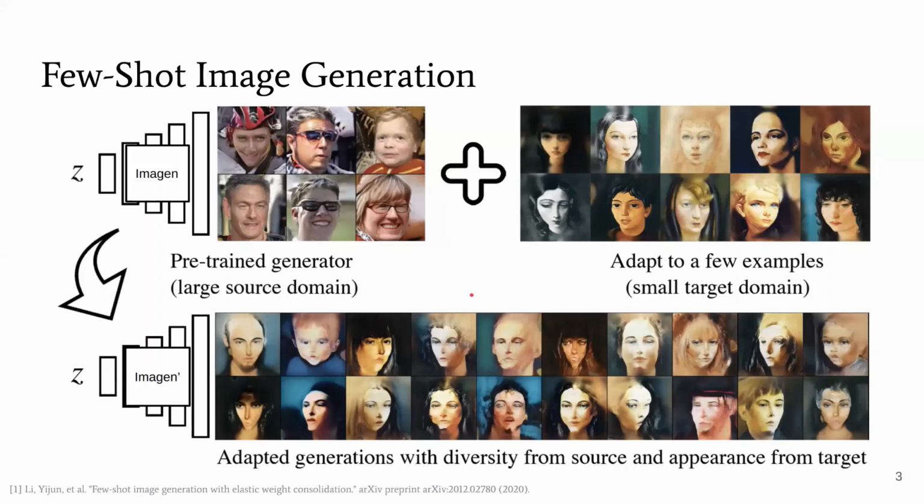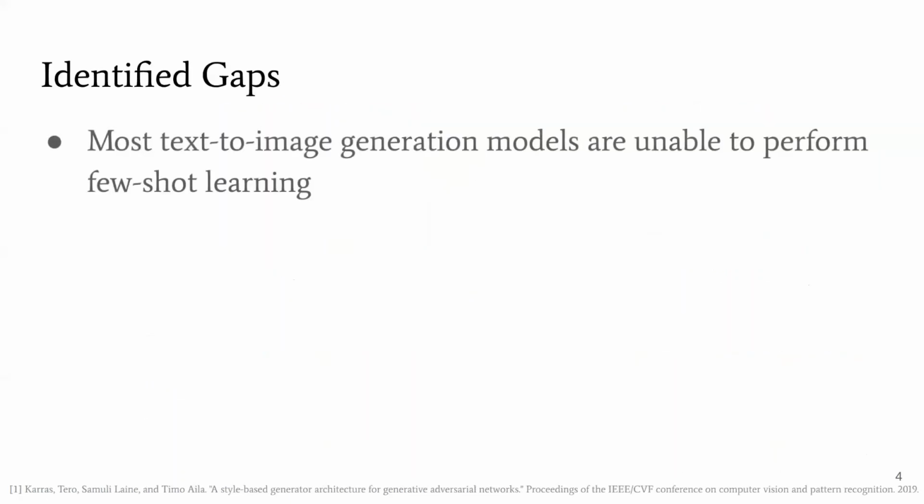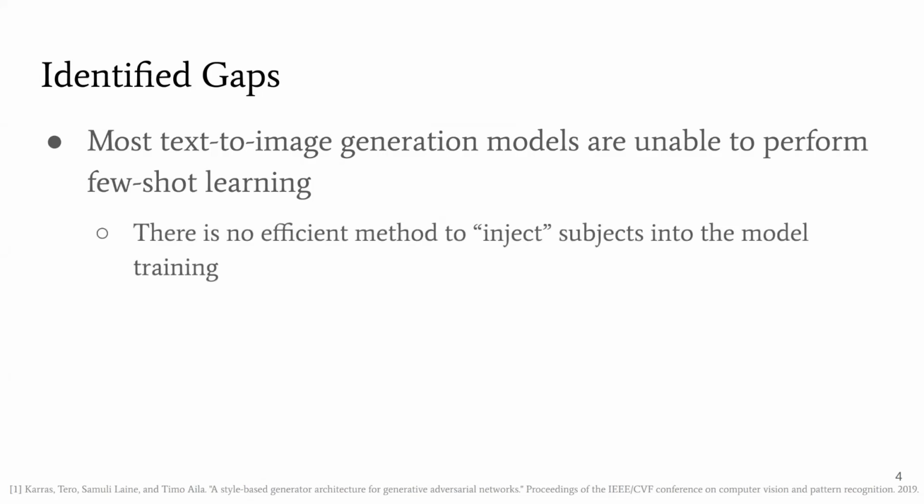And what we find is that if you give this task to most text-to-image diffusion models, it actually fails. They're unable to perform this few-shot learning. So with them, there's no efficient method to inject subjects into the model training. This is because of two major problems: overfitting, where the model just starts to reproduce the original input images, or language drift, where the language semantics get messed up within the model and you start getting things you don't ask for, and it causes some undesired side effects.